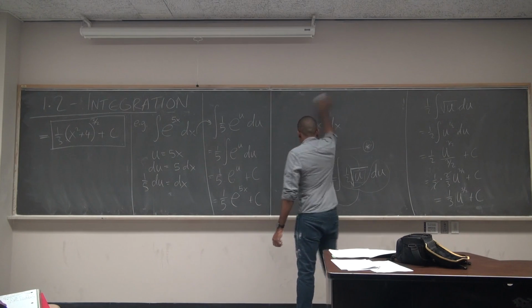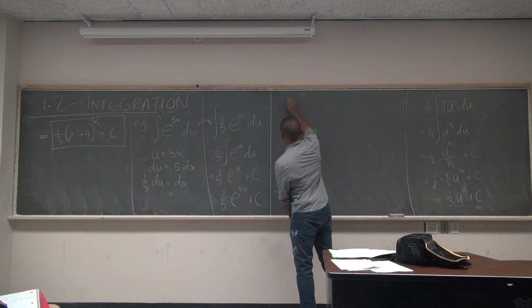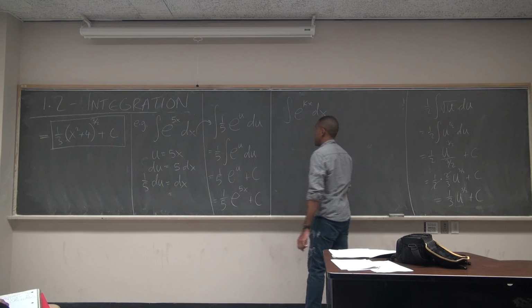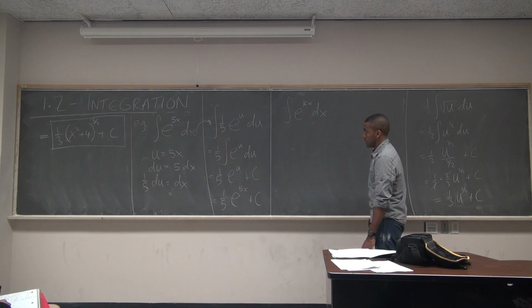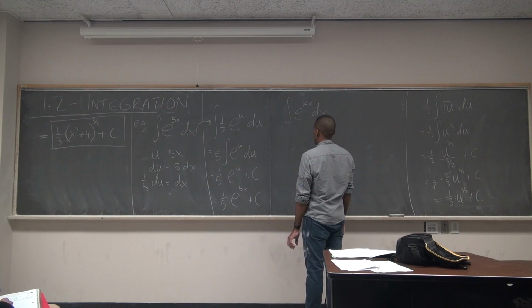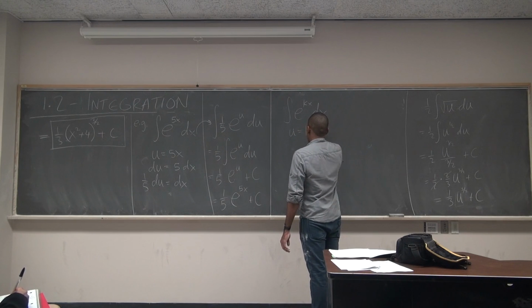Okay. Let's get a little bit abstract here. The integral of e to the kx dx. What do I do to figure out what that integral is? Walk me through it. How would I know that? U equals kx. Remember that k is a constant.